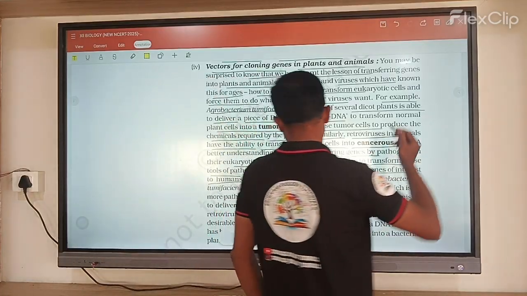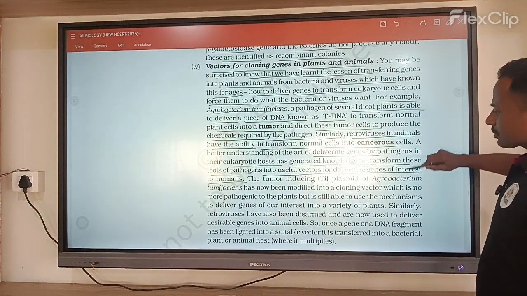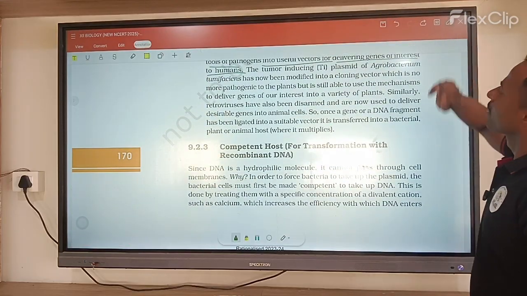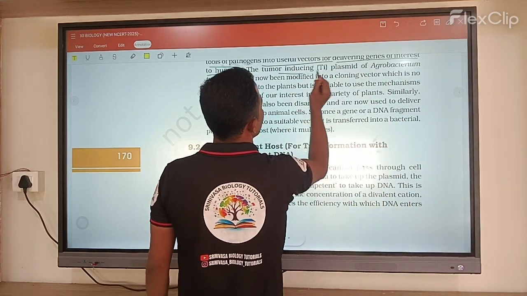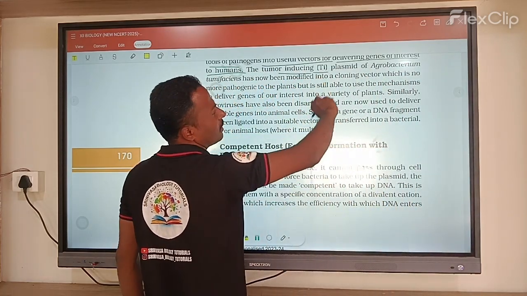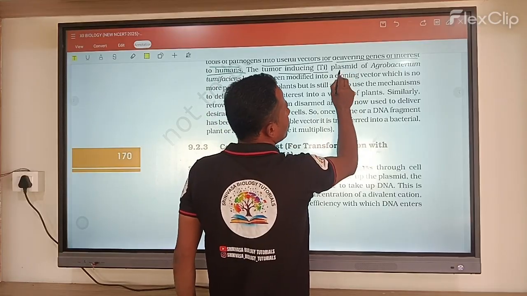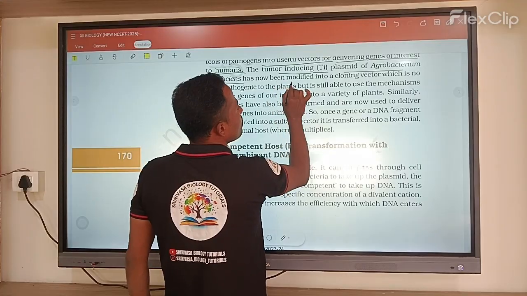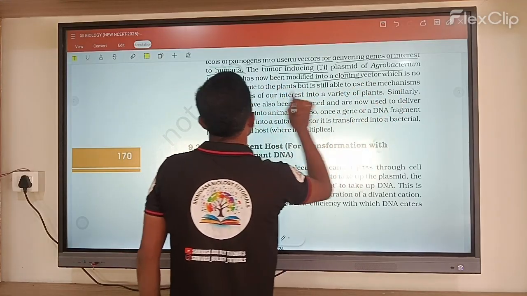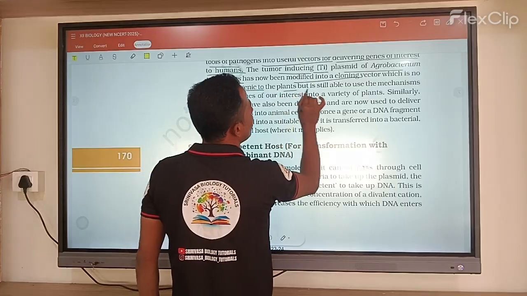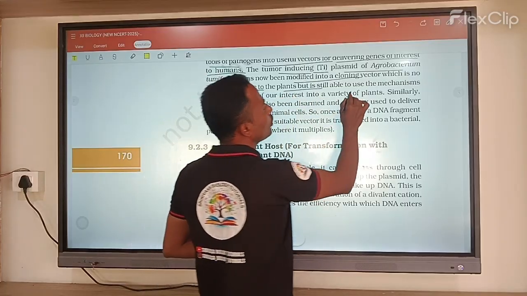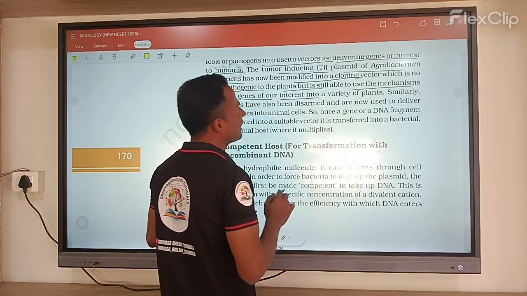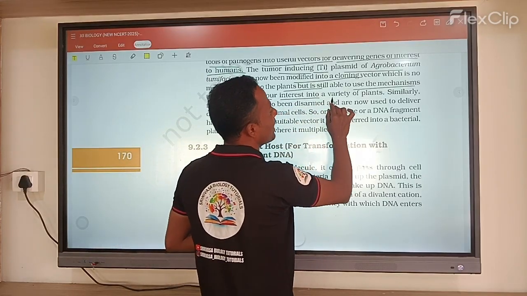Now, this tumor-inducing plasmid, the Ti plasmid: here the Agrobacterium tumefaciens has been modified into a cloning vector which is no longer pathogenic to plants but is still able to use the mechanisms to deliver genes of interest into a variety of plants.